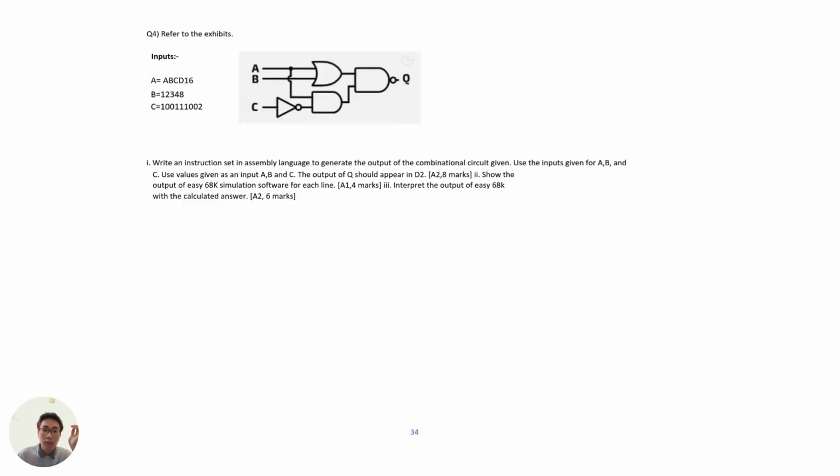And then we're going to do the AND operation for A and C. ABCD with the result of C, which is 0110011. First we're going to convert these two to binary form, then we're going to perform the AND operation on it. After that, we will take the result and store it in D2, which is 41.